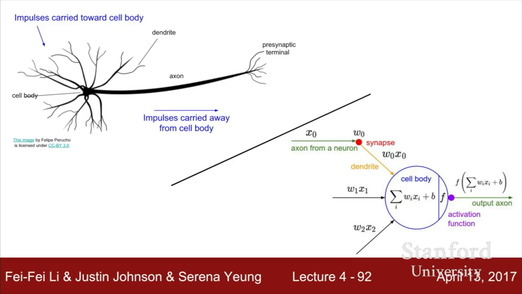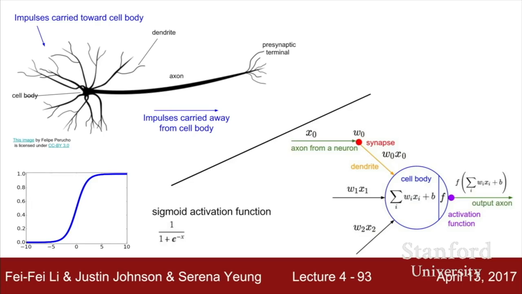All of these x, x0, x1, x2, are combined and integrated together using, for example, our weights w. So we do some sort of computation, like the computations we've been doing so far, something like w times x plus b, integrating all of these together. And then we have an activation function that we apply on top. We get this output value, and we pass it down to the connecting neurons.